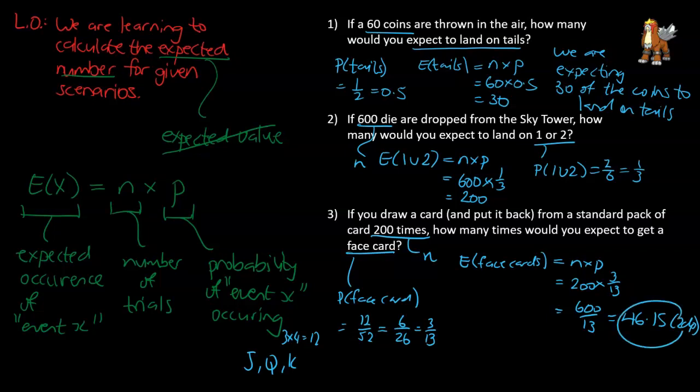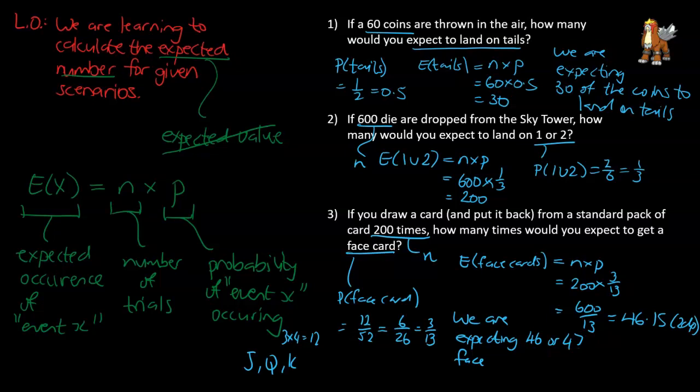Now, that it's a decimal answer actually makes it very interesting because you're never, ever, ever going to have 0.15 of a card being a face card. So our sentence needs to be a little bit different here. So I'll just show you how I would write my sentence. So we are expecting, and I'm going to go 46 or 47, this being the number rounded down, and this being the number rounded up.